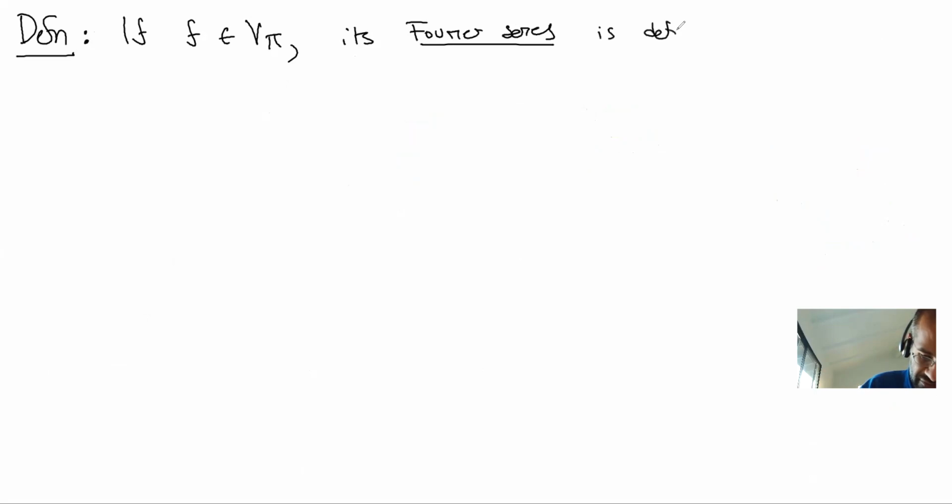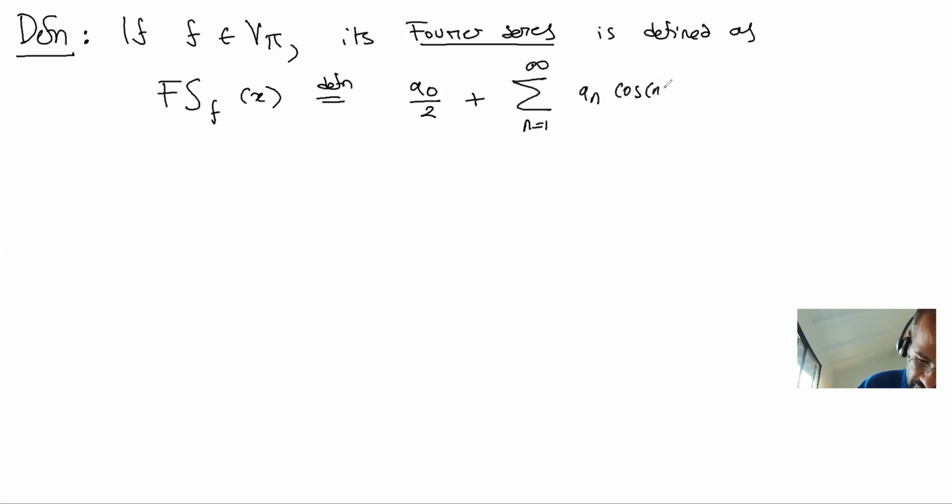So here's the definition. If f is a function in this vector space, its Fourier series is defined as, I'm going to call it fs sub f of x, the following series: a naught over 2 plus the summation n goes from 1 to infinity of an cosine nx plus bn sine nx, where these are defined exactly as they would be if the projection formula worked, and exactly as they were for finite linear combinations.